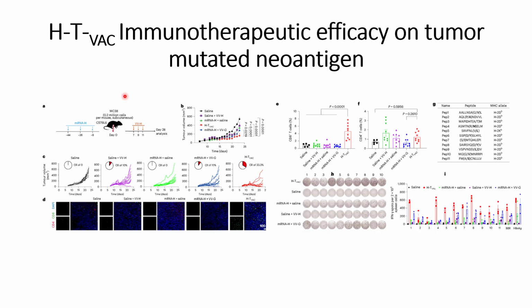However, in order to confirm that the results of these HT vaccines are not specific to a single cancer line, we decided to use a different cancer line, that is MC38. Along with that, they also need to check whether their approach is applicable to the tumor mutated neoantigens that are expressed on the cancer cells.